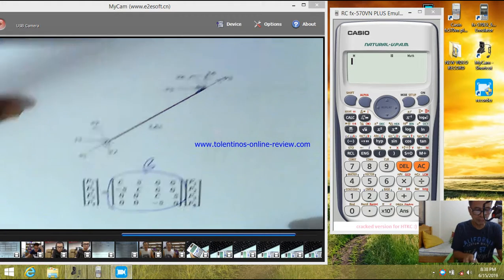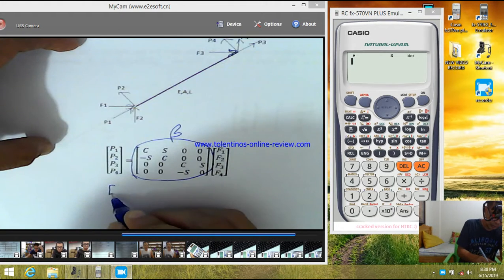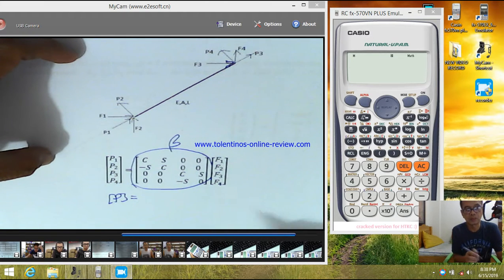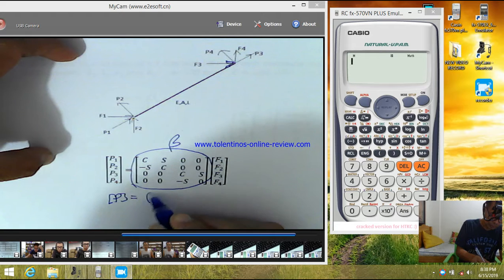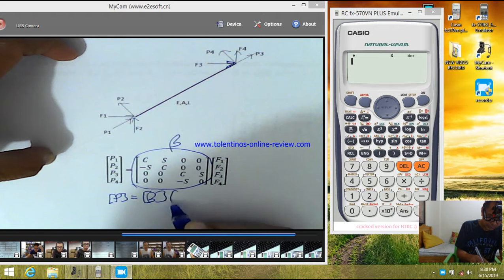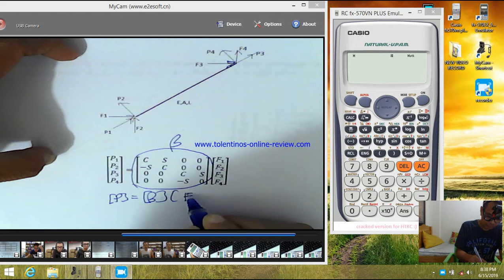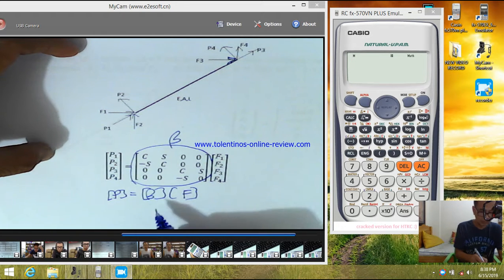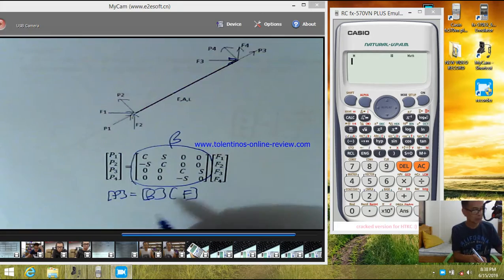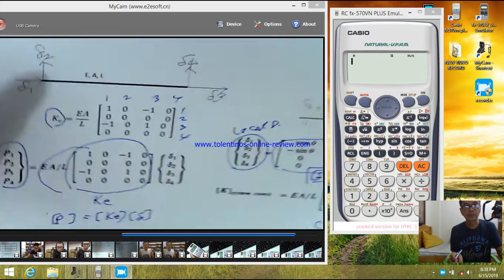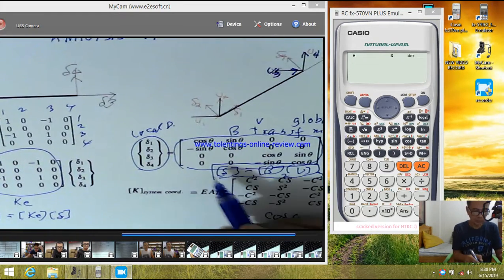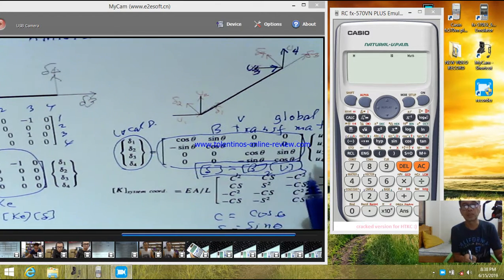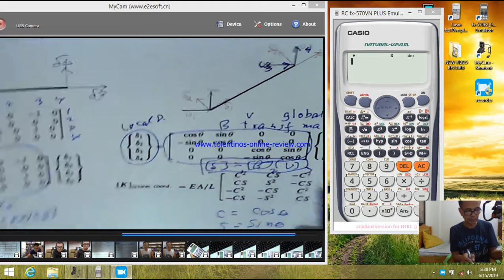So, basically, ang formula natin dito is the P matrix, yung mga force associated with the local displacement, is equal to beta times F. Yung F matrix is yung horizontal, vertical. Yung beta natin, again, that is your beta matrix: C, S, negative S, C, C, S, negative S, C. Yun yung beta matrix natin.